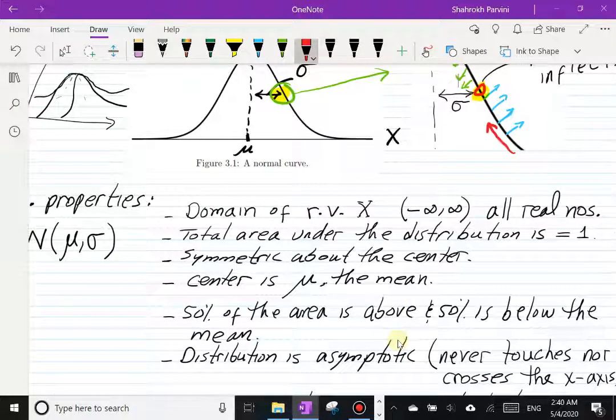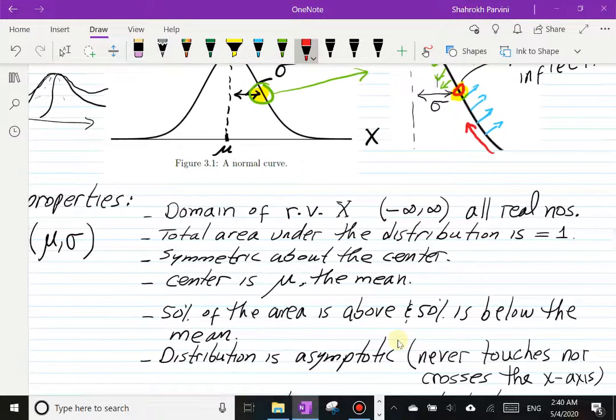The distribution is asymptotic. What do we mean by asymptotic? That means the tails of the distribution, although they look like they're touching, really do not. If you enlarge that area, they don't touch. But it's hard to see it on the graph. So they get very close to the x-axis.